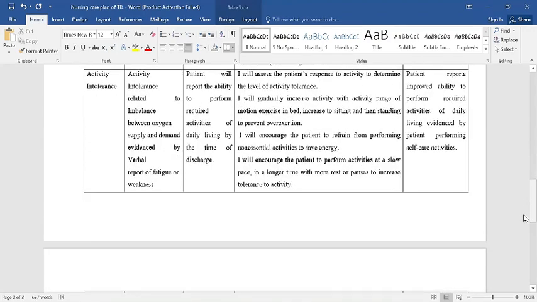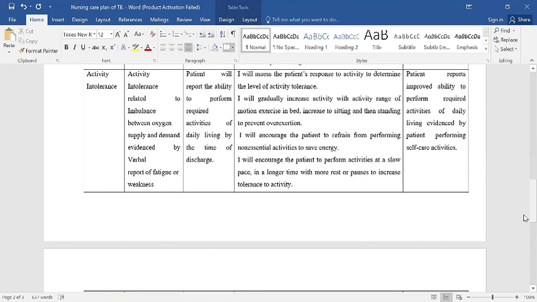We move to our fourth problem, which is activity intolerance. So where is this activity intolerance coming from? Under the signs and symptoms, you find that our patient will experience fatigue and weakness, and this is because of poor breathing pattern that will result in less oxygen in the body.